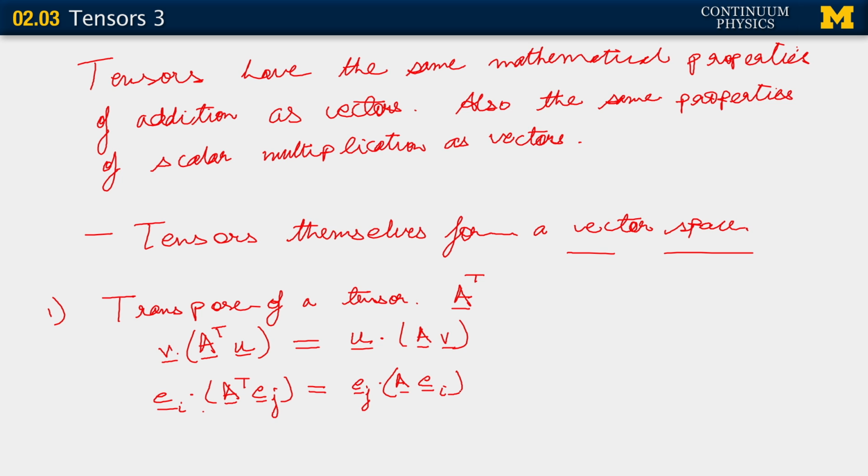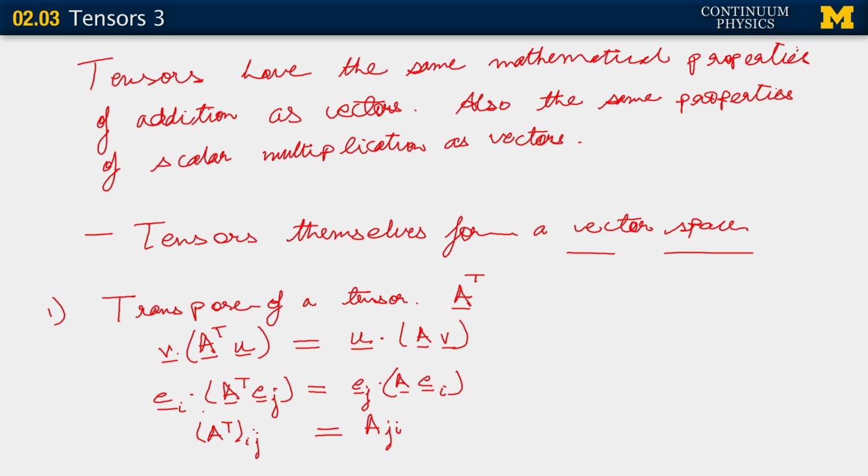The right-hand side we know already from the previous segment: it turns out to be the AJI component of our tensor A. On the left-hand side we have A transpose, so I'll put parentheses around it, and this is the IJ component of A transpose, recognizing that A transpose also is some tensor.